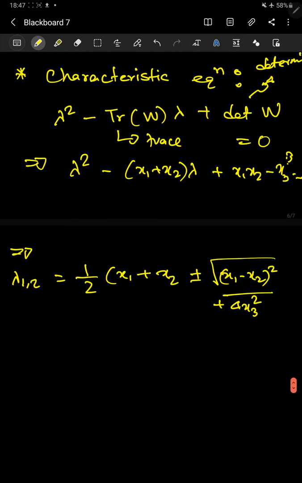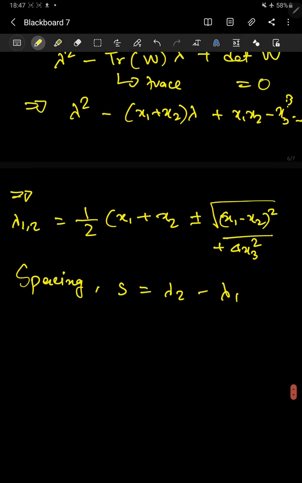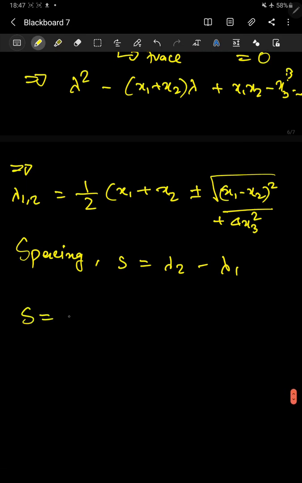Okay, so the spacing s, we define to be lambda 2 minus lambda 1. So the spacing s would be the square root of (x1 minus x2) squared plus 4 x3 squared.